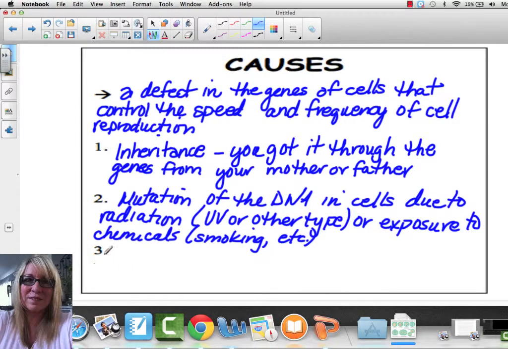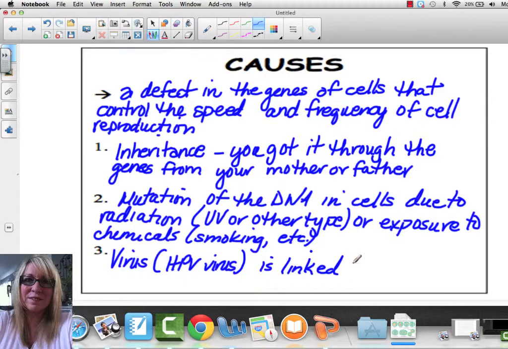Or it can be gotten through a virus. So the HPV virus has been linked to causing cervical cancer.